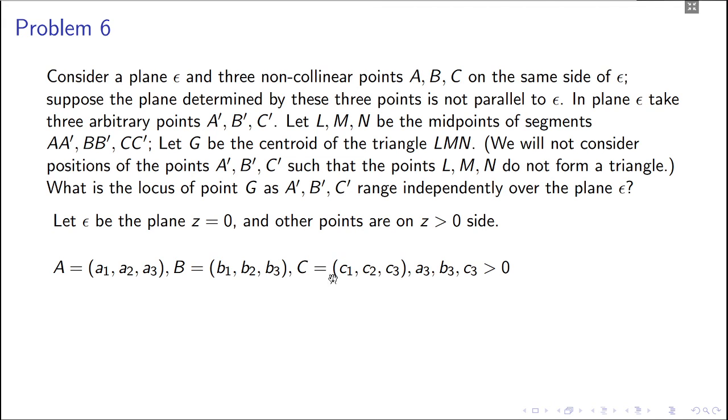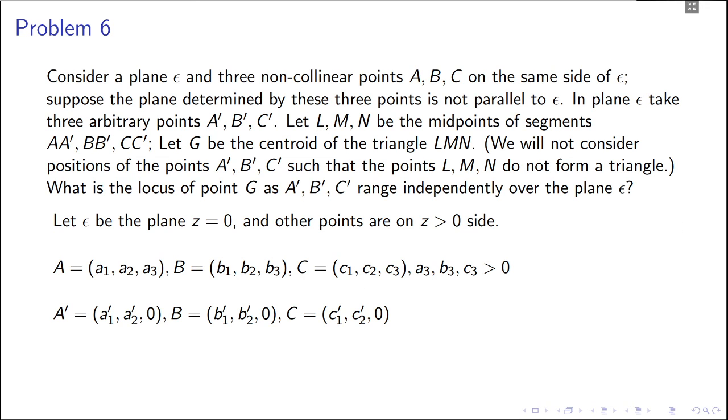So A3, B3, C3 will be greater than 0. Take A prime, B prime, C prime with coordinates A1 prime, A2 prime, and 0; B1 prime, B2 prime, and 0; C1 prime, C2 prime, and 0. Since they lie in the epsilon plane, the Z component is 0.